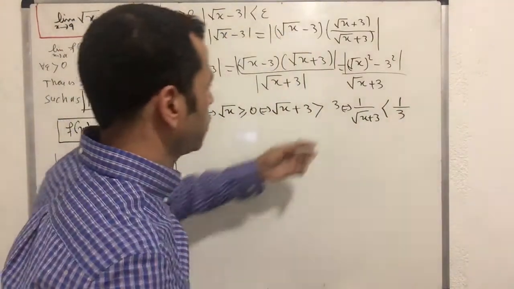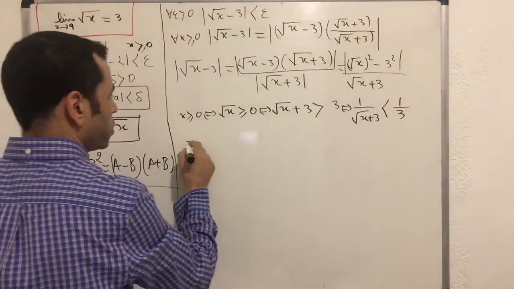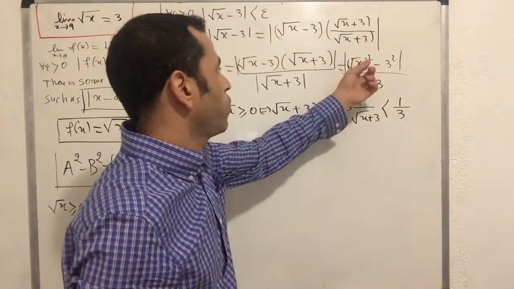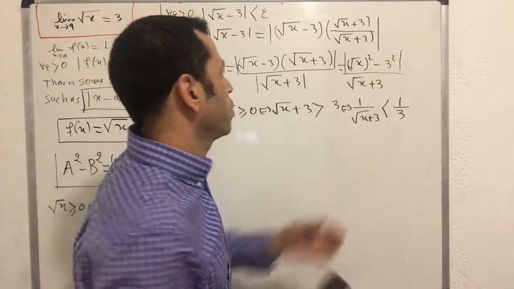Let's multiply this identity by this one to see what it gives us. We are going to cancel out this square root.